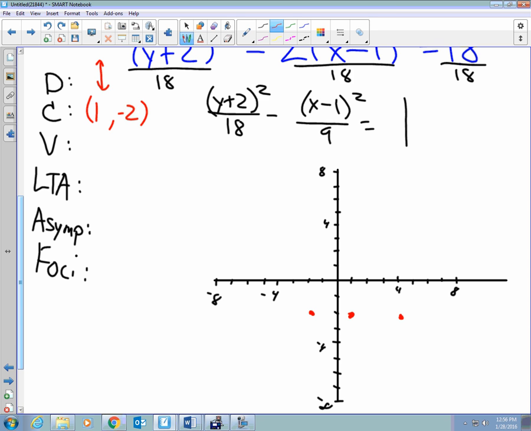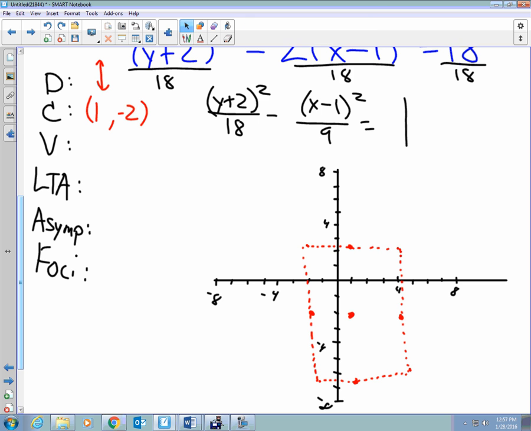Square root of 18, which is about 4.2. Make my box. Kind of a sloppy box, but oh well.